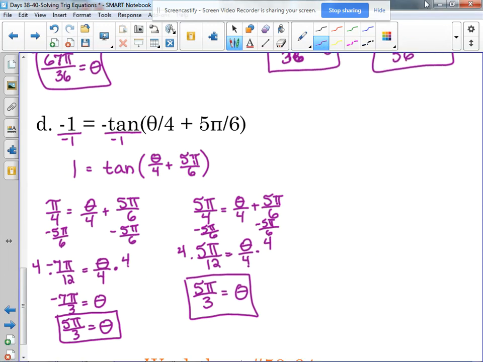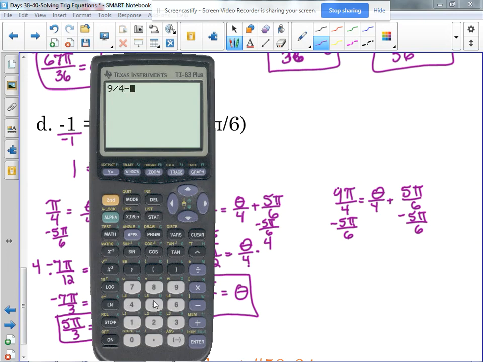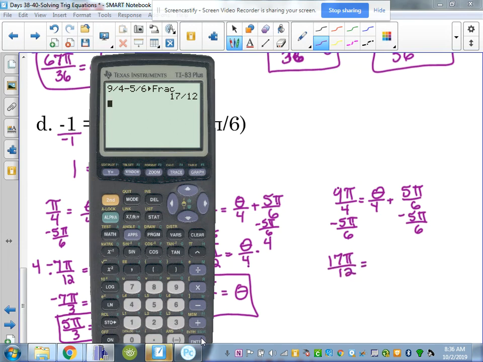Now, if we were to try and do what we did a minute ago and produce more answers, let's just try one. Let's add 2 pi to pi over 4. So if we add, that's going to give us 9 pi over 4. Okay, so if we subtract the 5 pi over 6, 9 over 4 minus 5 over 6, 17 pi over 12, multiply by the 4, that gives us 17 pi over 3.